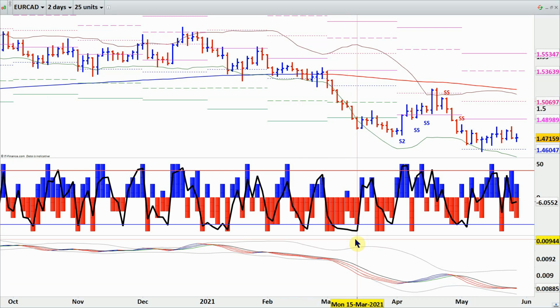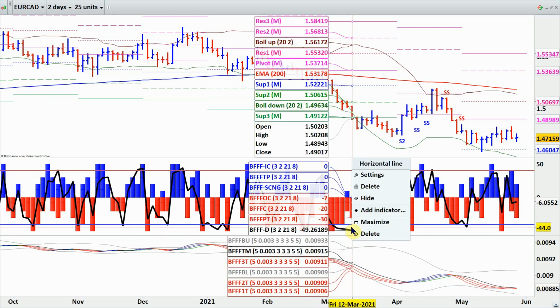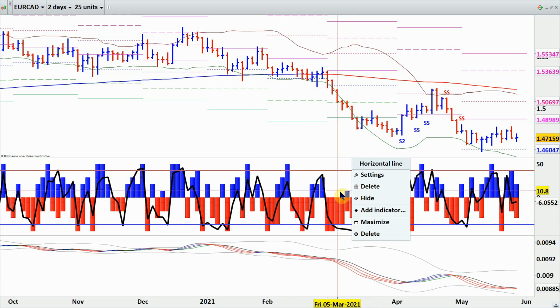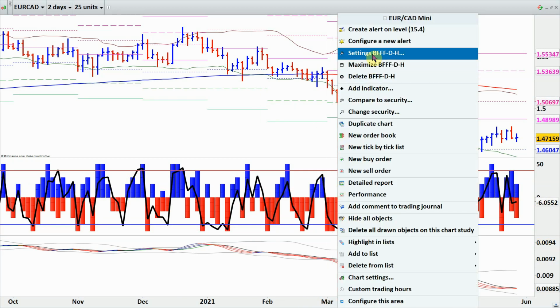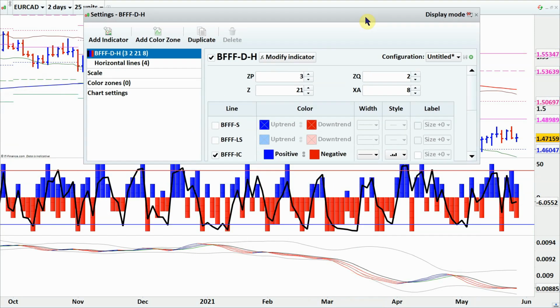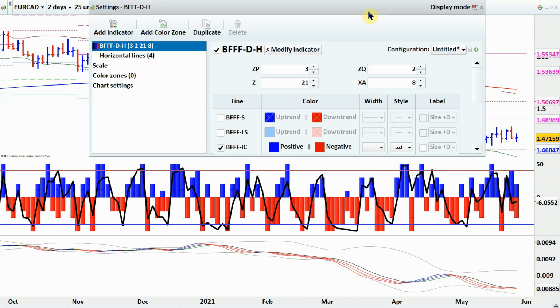I think if I have understood correctly, you are asking how to fill this portion. Right click anywhere here, and then go to settings, whatever the name is. From time to time we change the names.